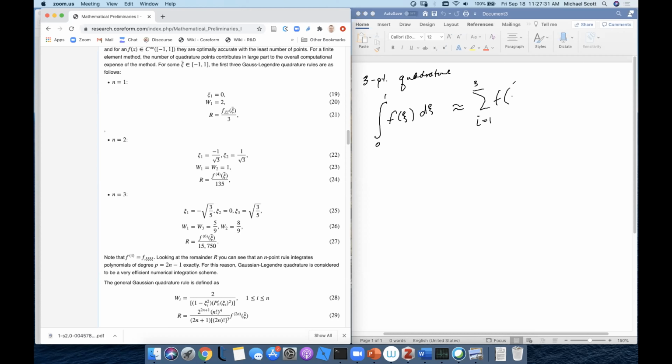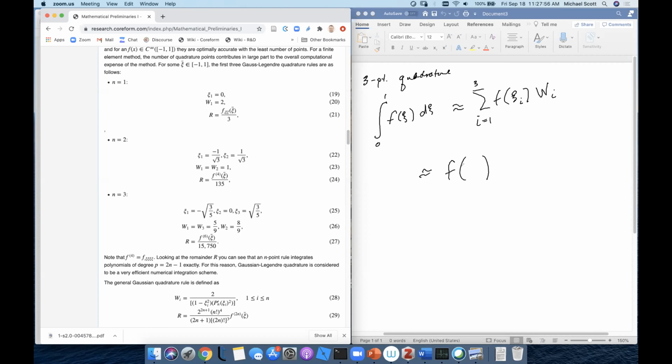I'm going to do, so in this case, it's going to be f of -1 root 3, or no, sorry, what is it? That's not right. So, Dr. Scott, I think you're skipping an important step.